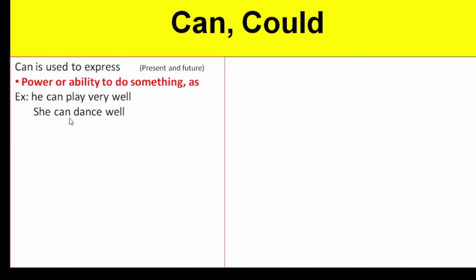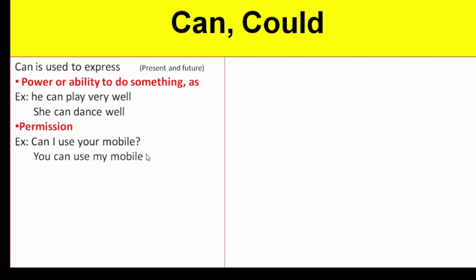Again, what she can do, she can dance well, that is her ability. We also use can for permissions, like can I use your mobile, asking permission from the other person. So you can use my mobile, this is an answer.